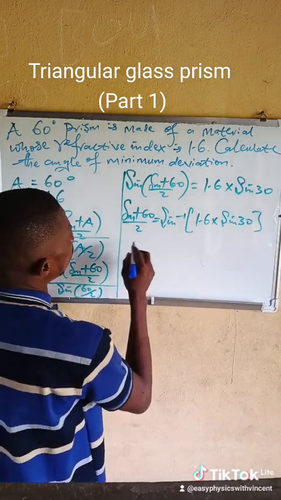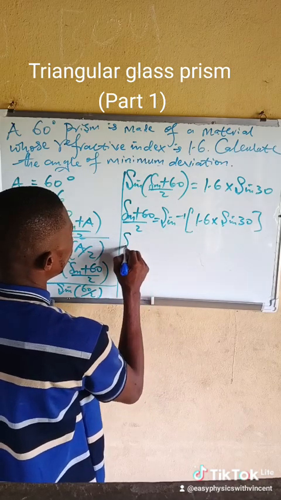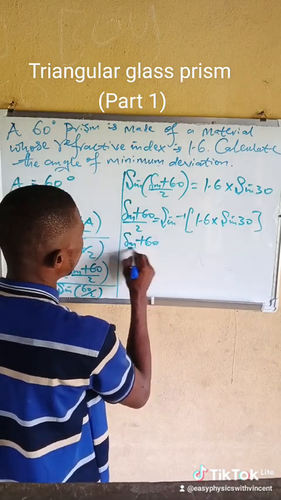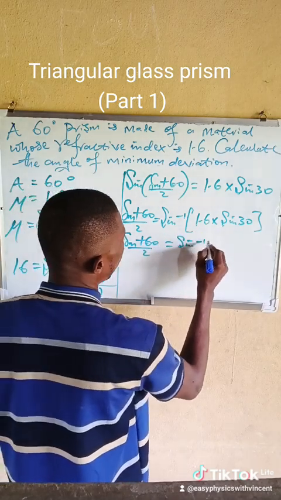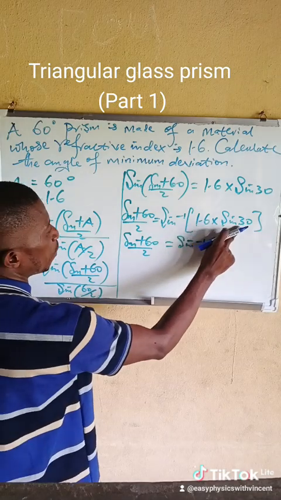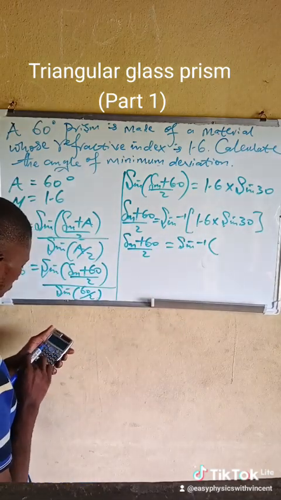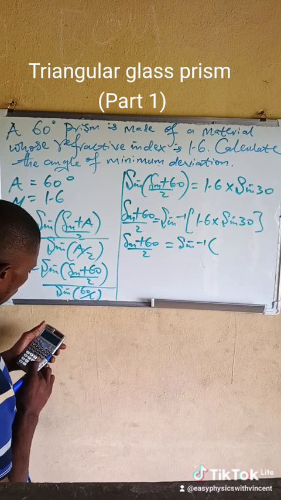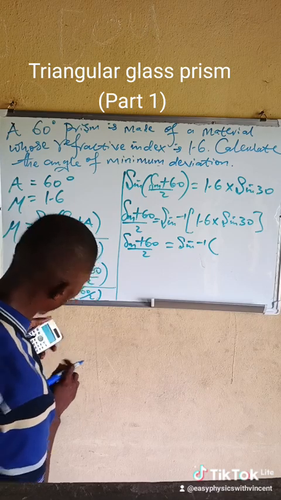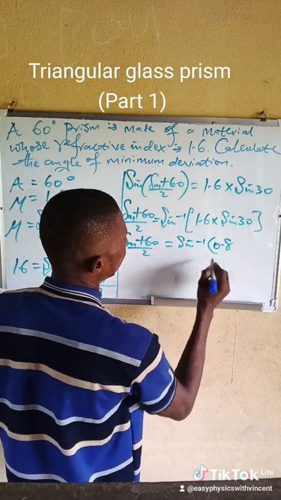So I have sine inverse of 0.5 times 1.6. If I multiply it by 1.6, I'm going to have 0.8. So I have here 0.8.